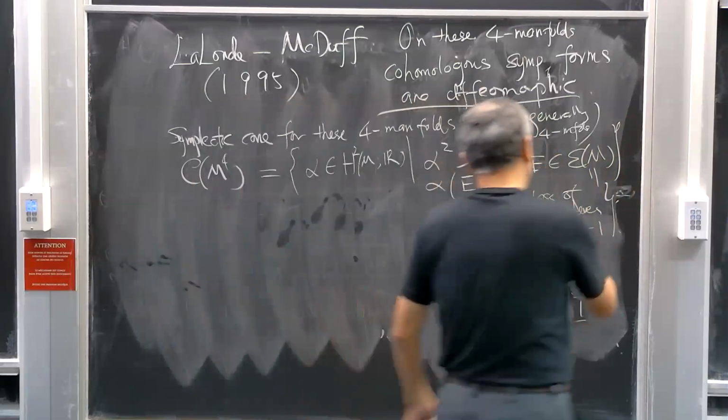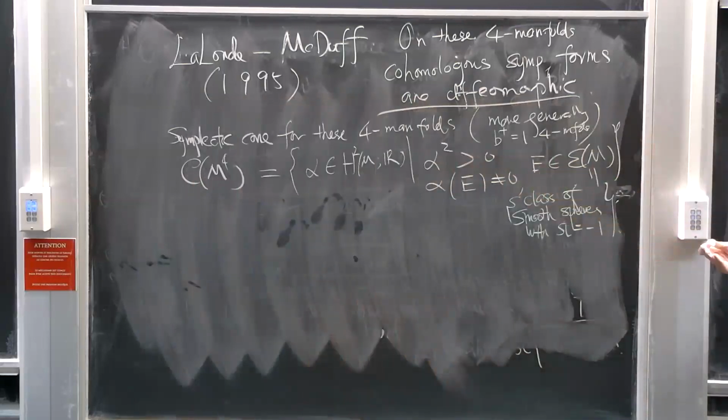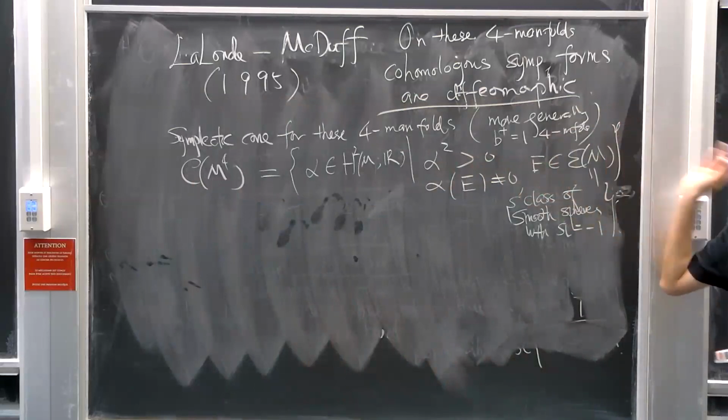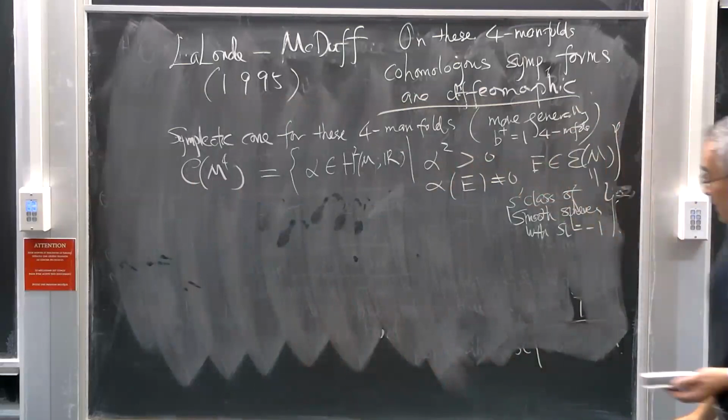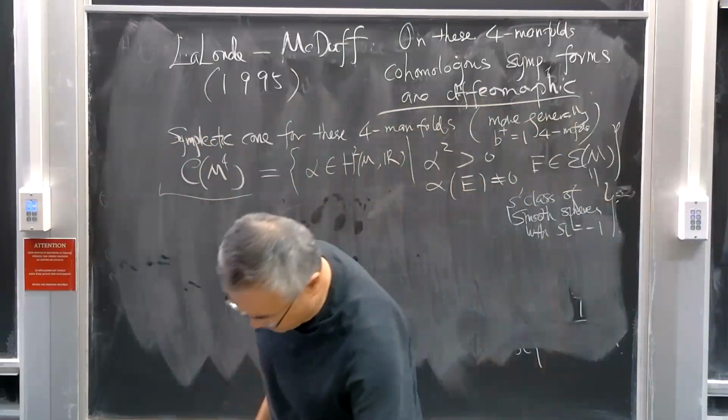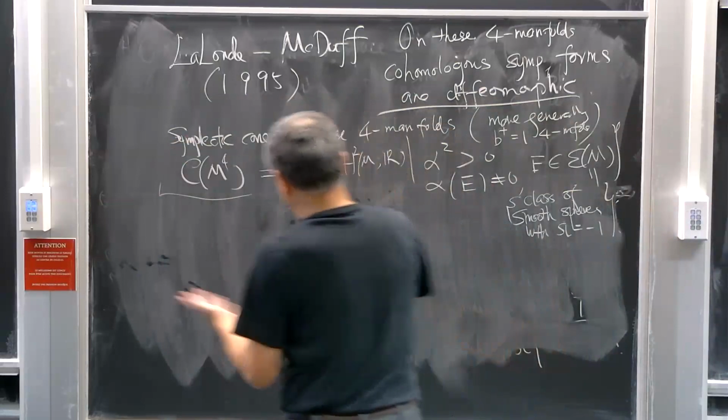The right hand side is just completely topological data. So it has very simple descriptions of this cone. We know what forms or what classes can be represented.